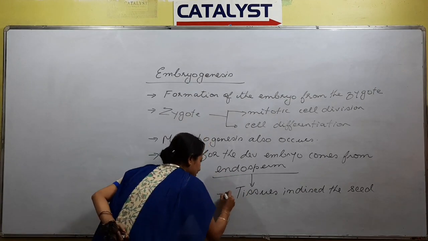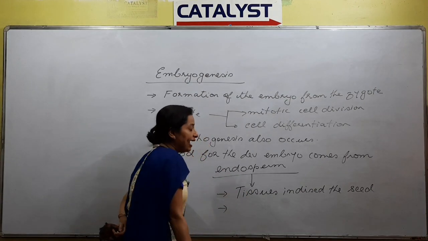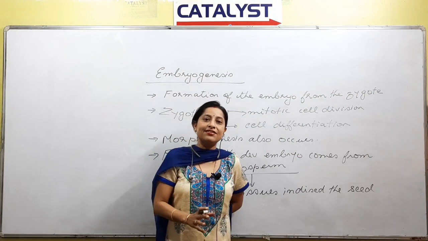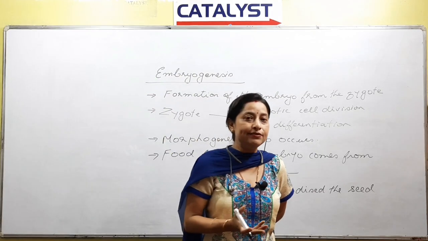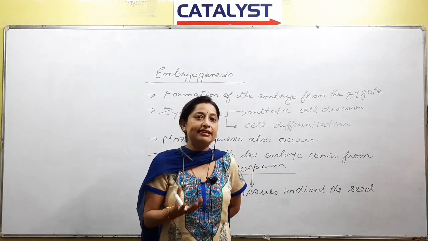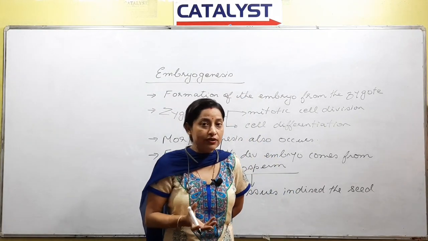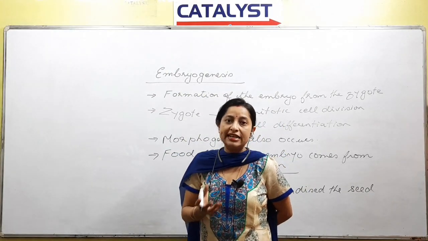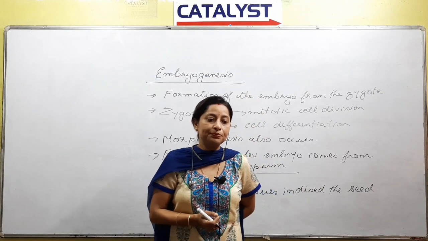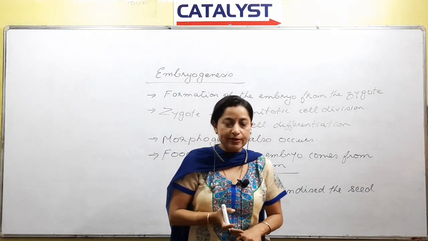Another point about endosperm is that generally endosperm formation is a characteristic of angiosperms. In lower plants we do not get endosperm because it is related to the seed. We are only concerned with seed plants. And what are the seed plants in the plant kingdom? Gymnosperms and angiosperms.